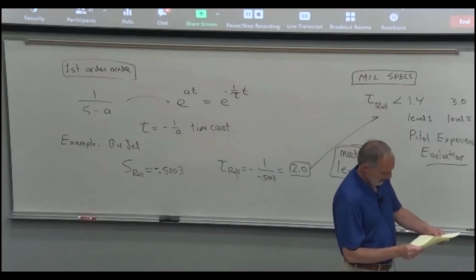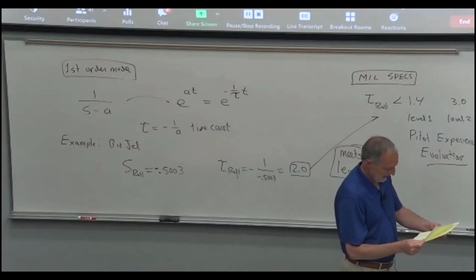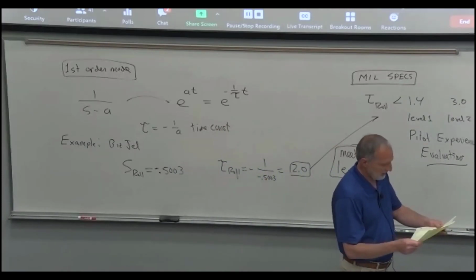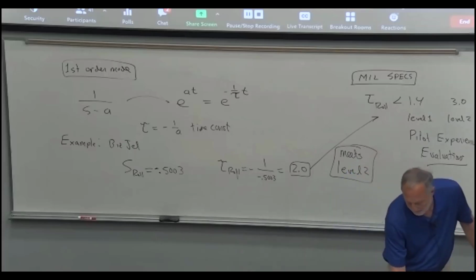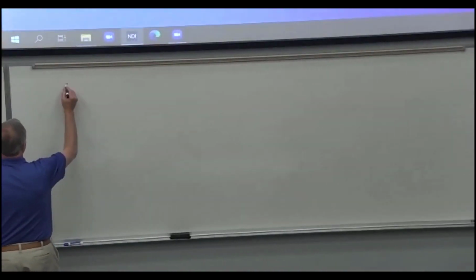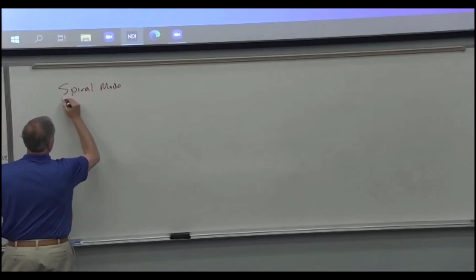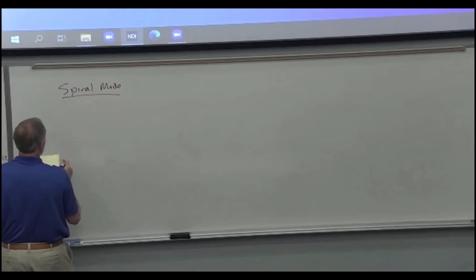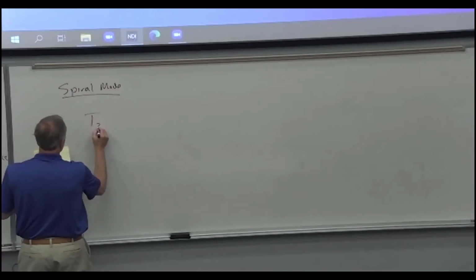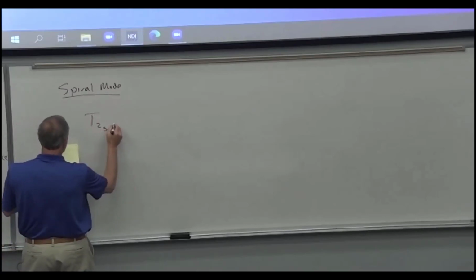Okay, so then, that was the roll mode. How about the spiral mode? How do you analyze that? So the way the spiral mode is analyzed is something called the time to double amplitude.